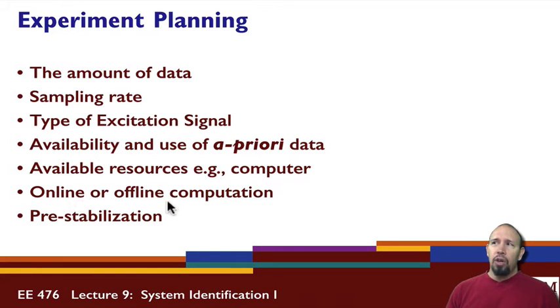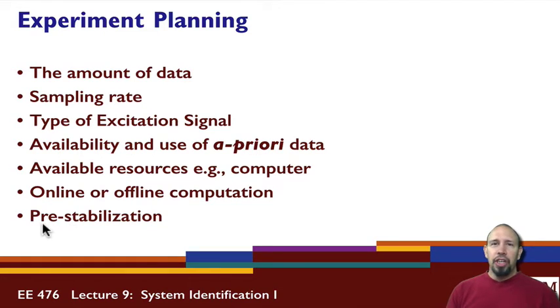Also, online or offline computation. Are we going to obtain a model while the system is in operation? That's online. Or offline: we collect a bunch of data, then shut the system down, process that data and get a model from that. Those are two different methods, and that will definitely affect the type of experiments you work with.